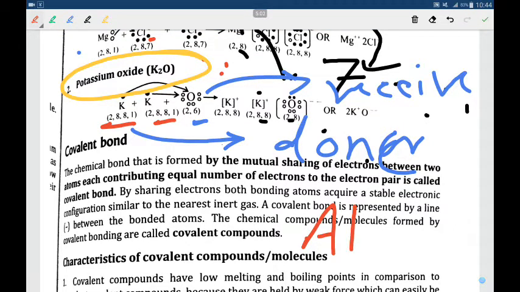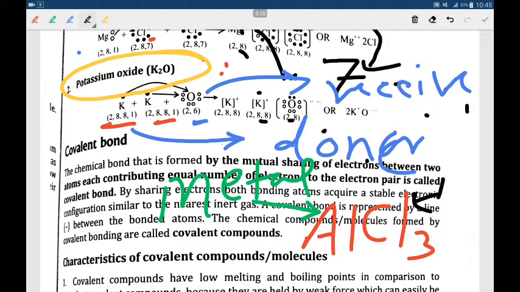Dear students, next one, AlCl3. This is aluminum chloride. Here aluminum is metal, and chlorine is non-metal. So aluminum donates 3 electrons to 3 chlorine atoms.